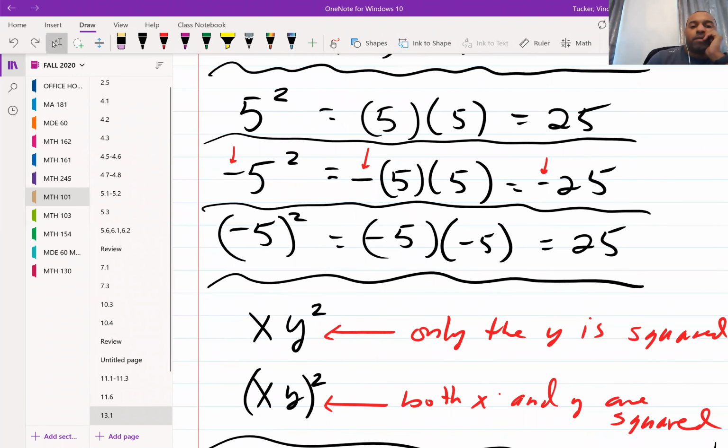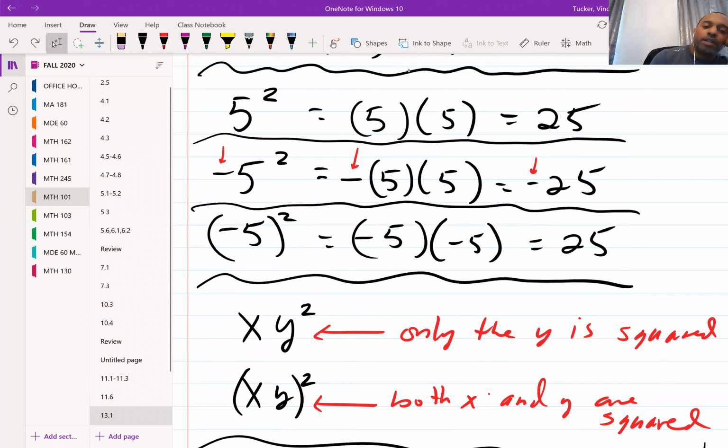Same thing looking at variables. Here we have xy squared with no parentheses. Notice what I said right here, only the y is being squared. But if I use parentheses, that means both x and y are being squared.